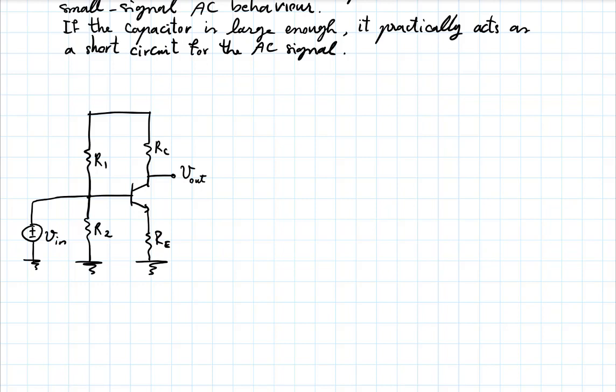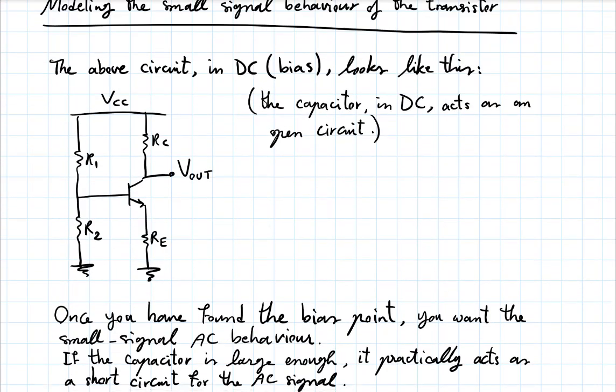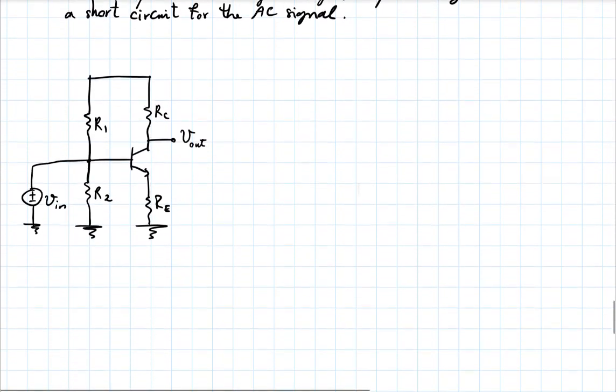By the way, what is the small signal component of the supply voltage VCC? What is the small signal component of that? 0. In small signal, this is as if you have grounded it. But to be entirely correct now, we have to be careful what we put here.